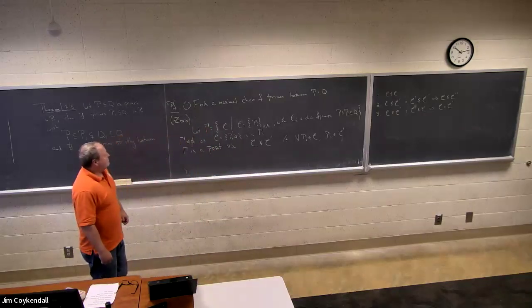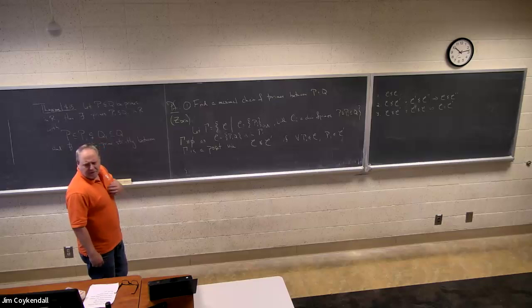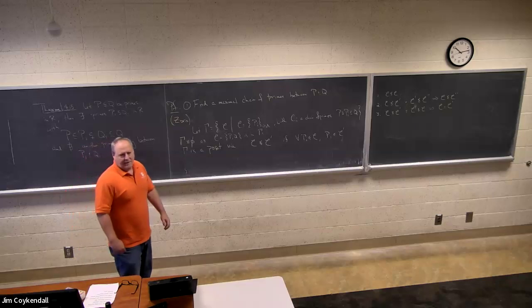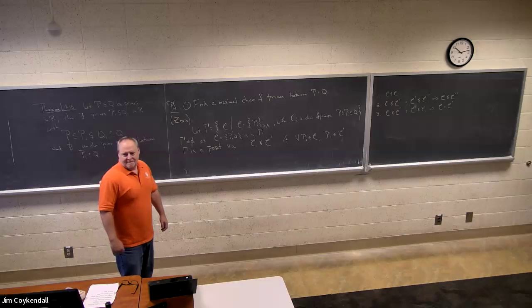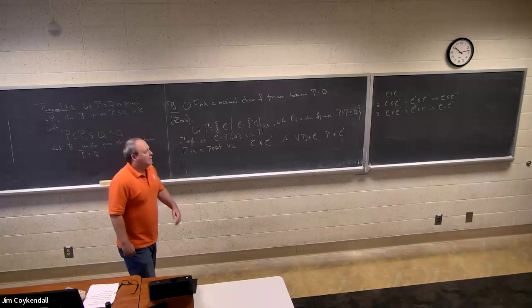By the way, what do you suppose it means to be a maximal chain? Right, we would come to that. A chain where you cannot put any more elements in the chain.